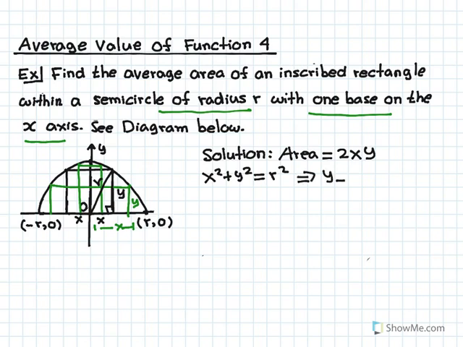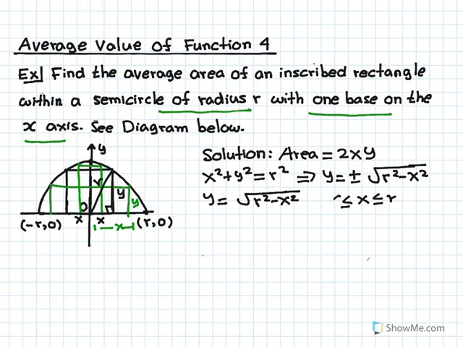We get y is equal to plus or minus root of r squared minus x squared. So we're looking for the top half of the circle, so we just take y is equal to root of r squared minus x squared. This is the semicircle, the top half of a circle. x is between 0 and r.